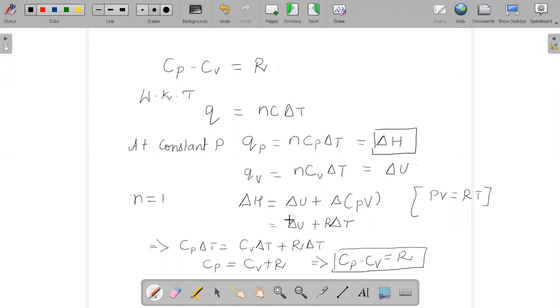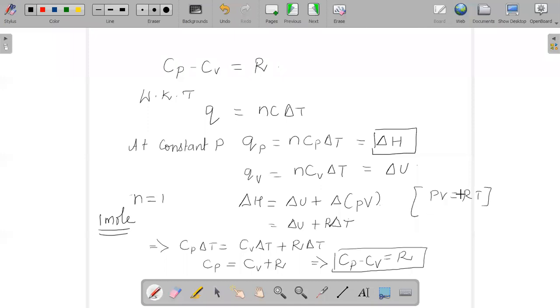So immediately it is a replacement in the formula delta H is equal to delta U plus delta PV, and we can say PV is equal to nRT. Since here we are talking about molar heat capacity, the concept itself says that it is for 1 mole.